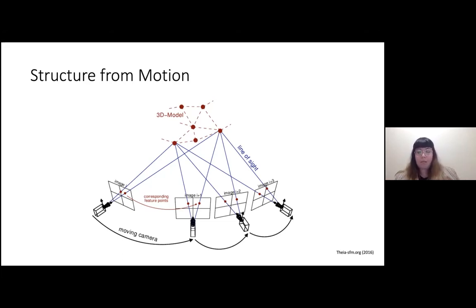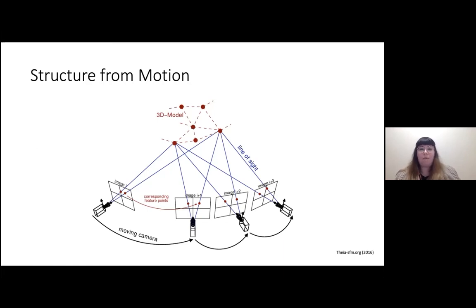And then by putting this into a specific software program that processes the structure from motion technique, it's able to identify similar features throughout all of the different photos and space them together to make a 3D model from 2D imagery.